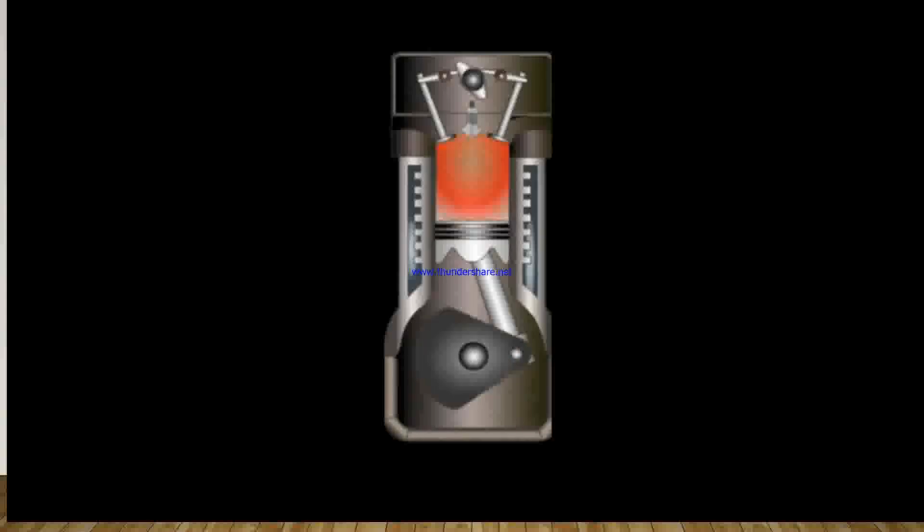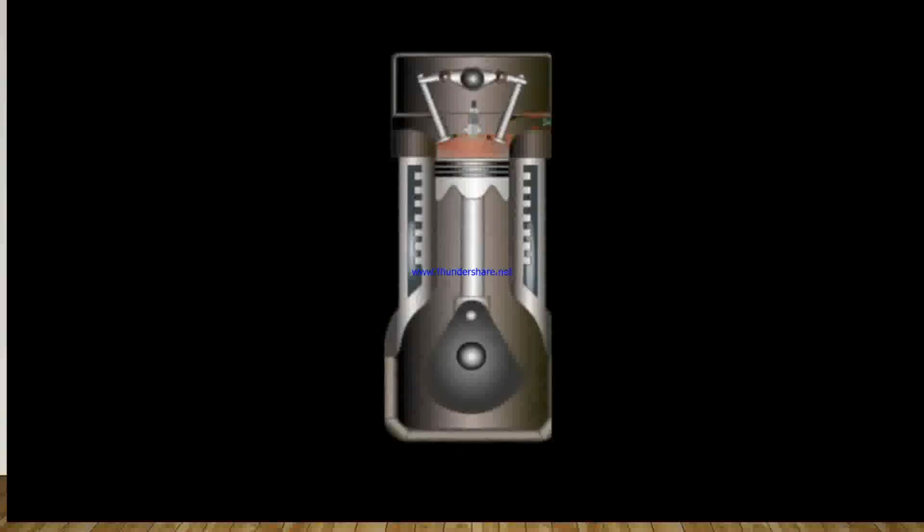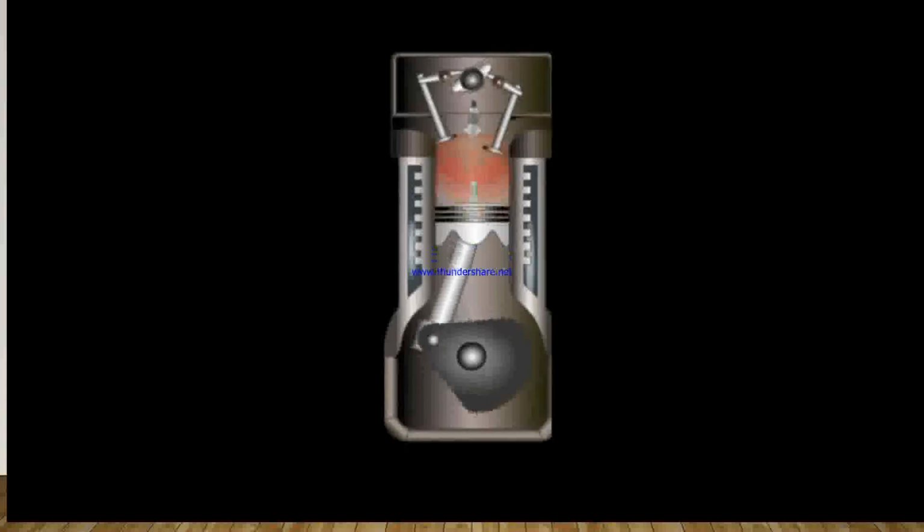The pressure of this mixture rises in the cylinder, and just before the end of the stroke the spark plug initiates the spark, which ignites the mixture, and combustion takes place inside the cylinder. Both inlet and exhaust valves are closed during this stroke.